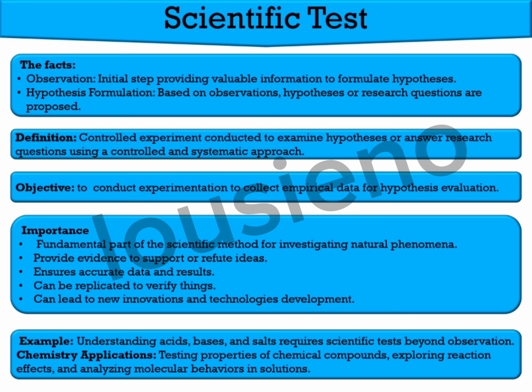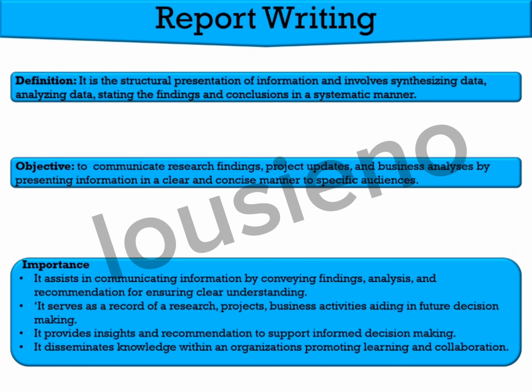Some examples of scientific test. Understanding acid, base and salt requires scientific test beyond observation. The chemistry application of scientific test is testing properties of chemical compounds, exploring reaction effects and analyzing molecular behavior in solutions. Slide 11. Report writing.